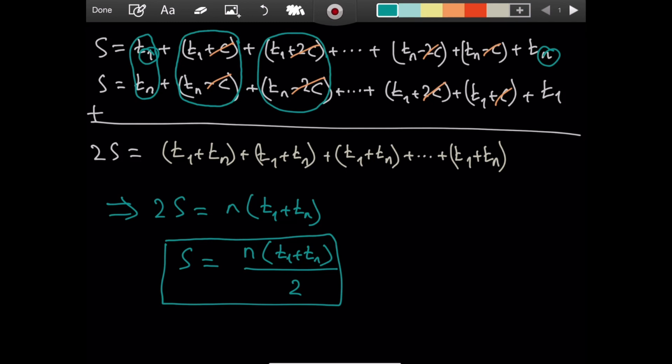We have the symbols, but let's also say what it means. n here is the number of elements. t1 here is the first term, and tn is the last term, and 2 is 2. And s is the sum. Alright, it is always important to know what the symbols mean.